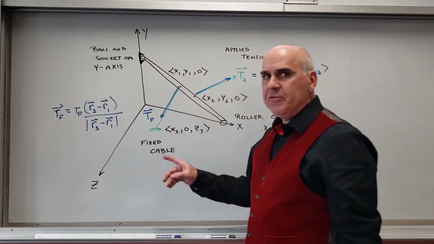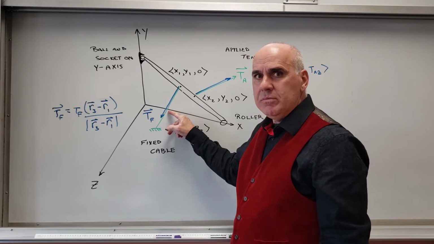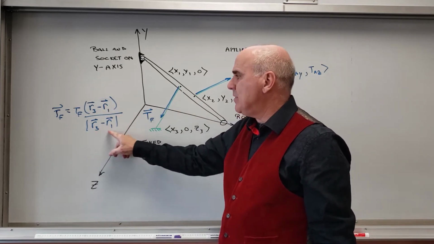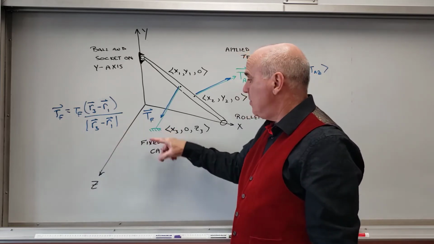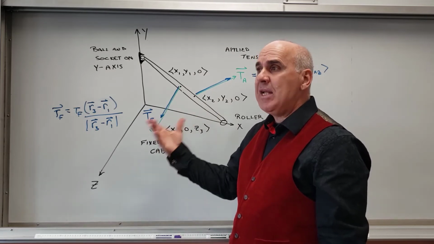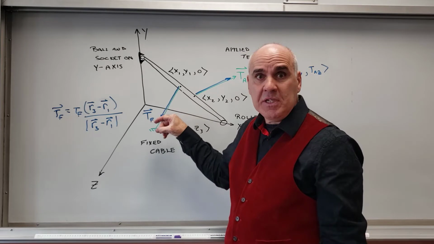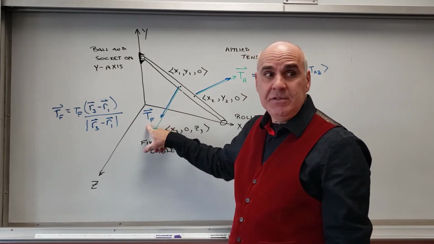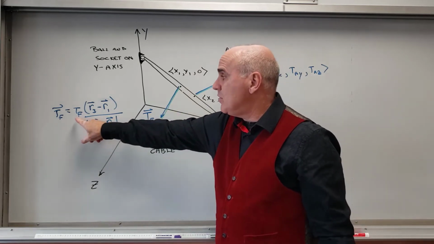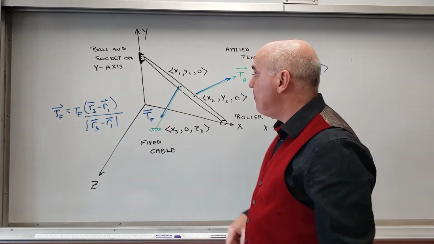We've done all this before. This is the unit vector along this cable: position 3 minus position 1, which is the displacement from 1 to 3, divided by the magnitude of that displacement. That gives you the unit vector along that displacement. Multiply that by T fixed, and we figure out the vector direction. We'll assume T fixed is the only unknown in this situation, as these two positions are known.